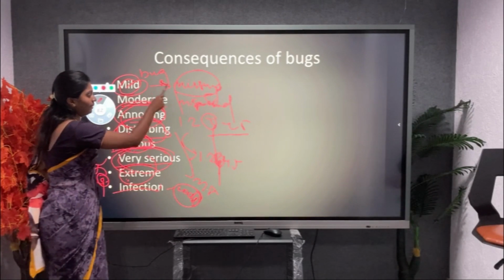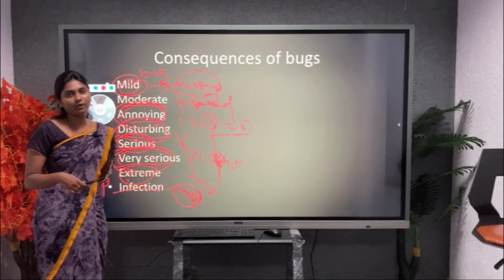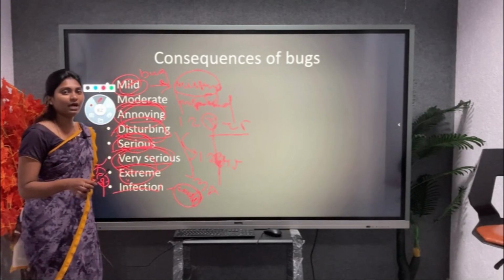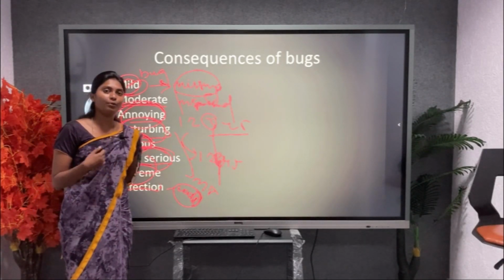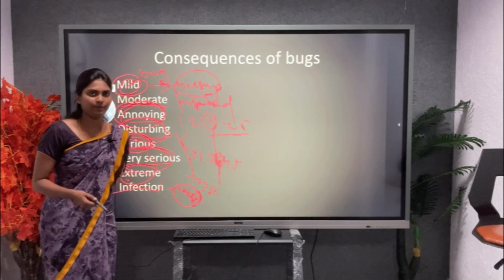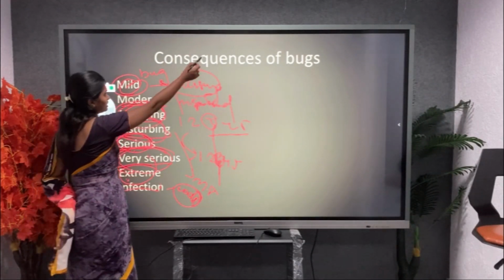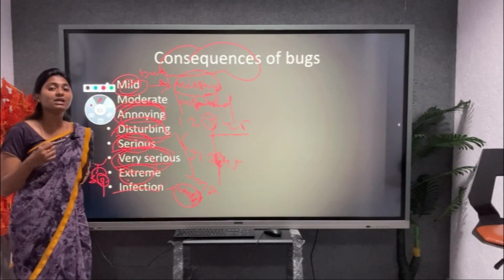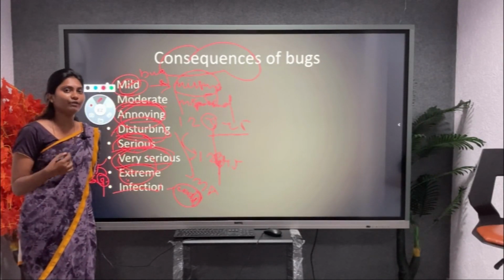So these are the methods by which we identify the defect, fault or bug when we are developing the programming or the code. What are the consequences, meaning what are the steps taken to identify the bugs?